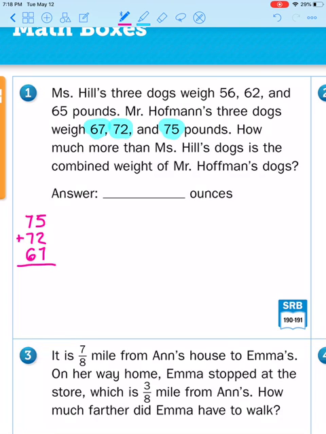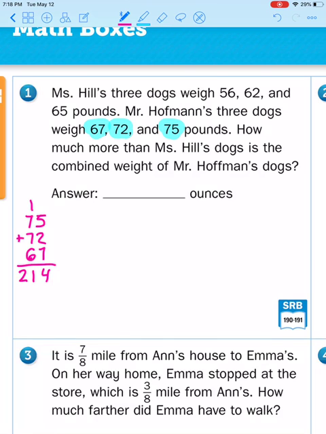So 5 plus 2 is 7, plus 7 is 14. 7 plus 7 is 14, plus 6 is 20, plus 1 is 214 pounds.